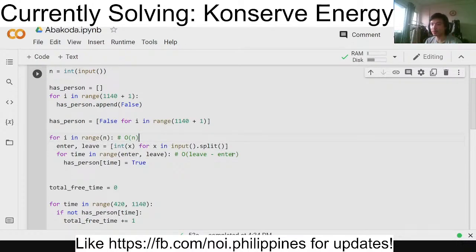In the worst case, what can happen? Well, the enter time and the leave time can be very far apart from each other. So in this problem, this can actually be, worst case, roughly 40,000. And what is n in this problem?